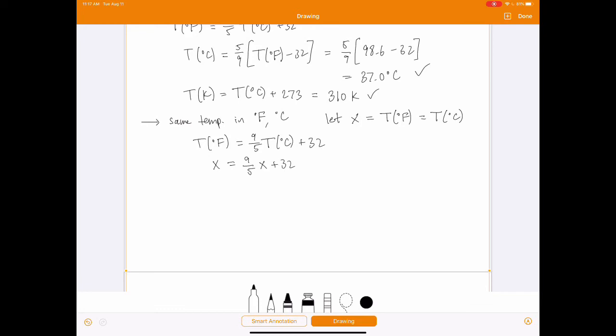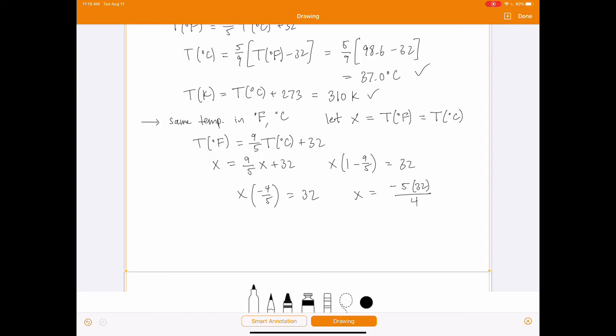Okay, so subtract 9/5 X from both sides. So I'll have X times (1 minus 9/5) on the left side, and on the right side, I'll have 32. And if you reduce what's in the parentheses, it comes out to minus 4/5 times X equals 32, or X is equal to minus 5 times 32 over 4.